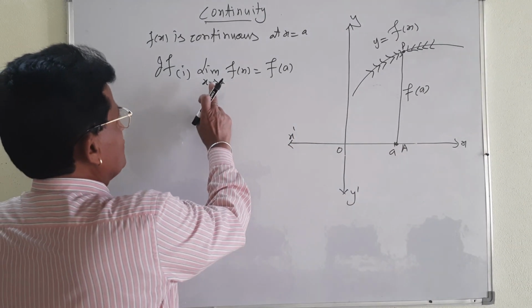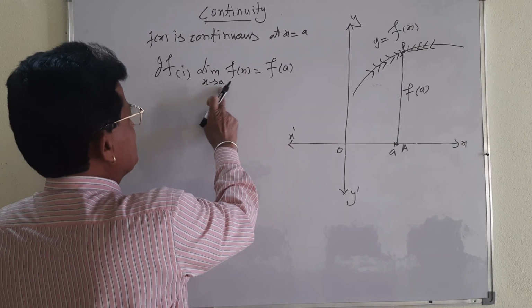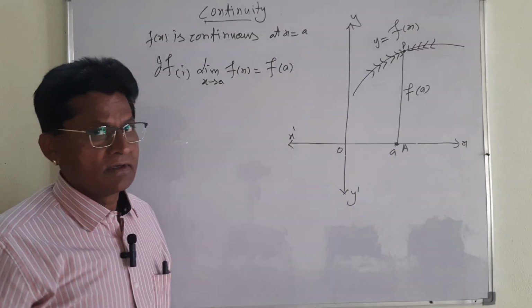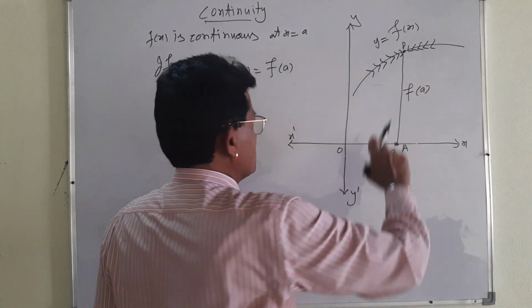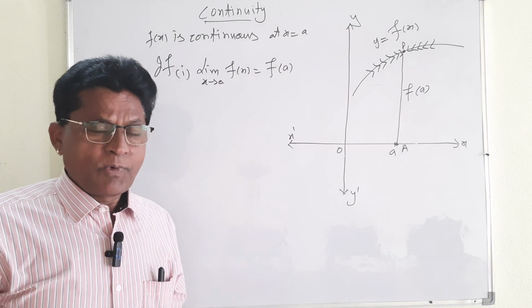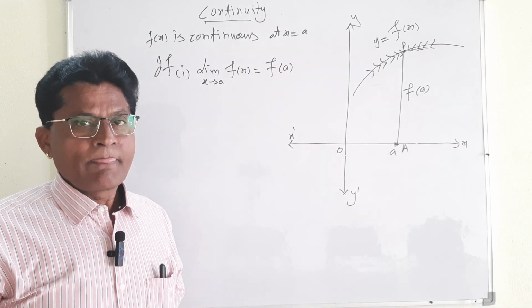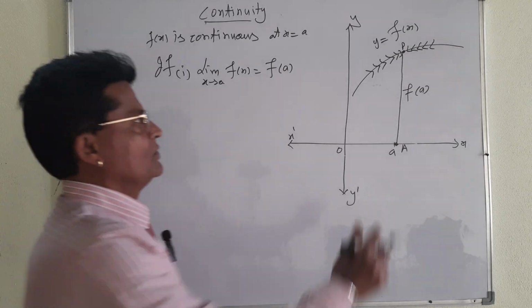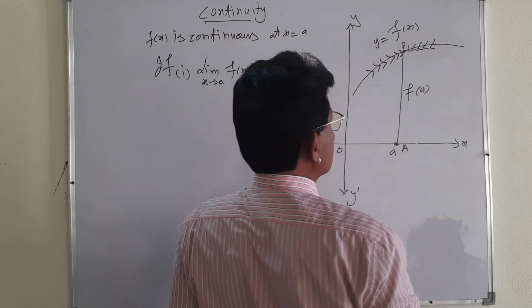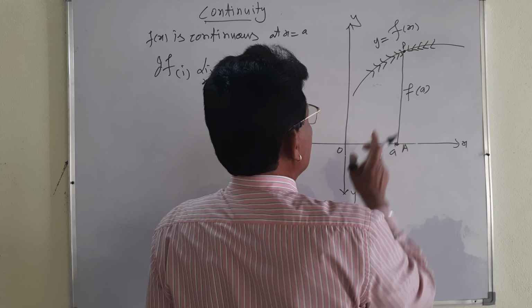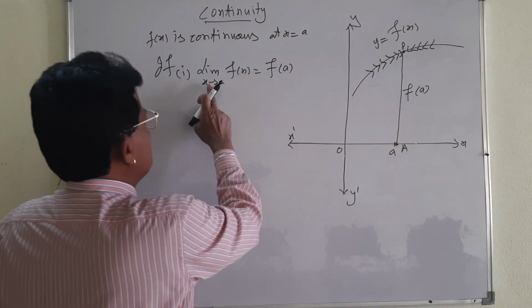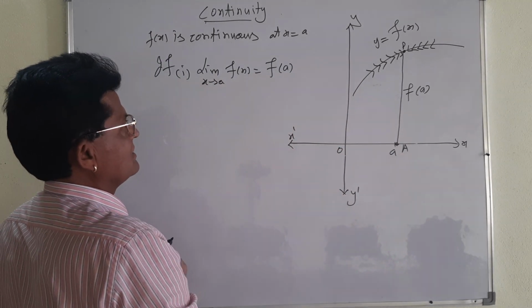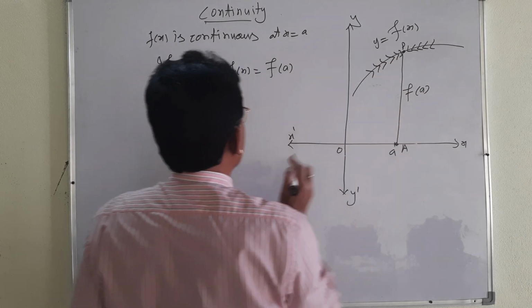As I told you, limit x tends to a, f(x) is equal to f(a). f(a) is the value of this function at the point A. Then you will say that the function is continuous. But one more thing I told you, you can break this limit x tends to a f(x) into left hand limit as well as right hand limit.